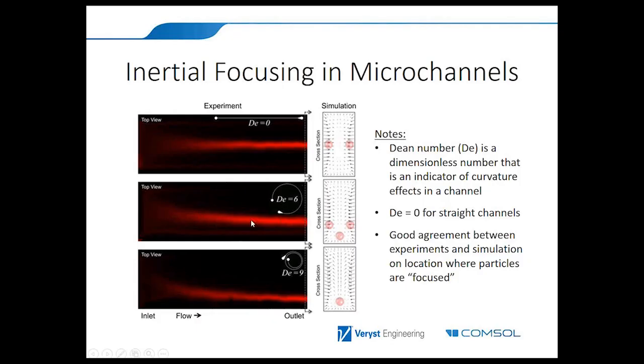You get the focusing actually at two locations, here and here, and you see the simulation predicting exactly the same thing. And at higher curvature, you get that one point only where the particles get focused. So the simulation was in good agreement, and once you have that, you can use it to try way more scenarios than you can with an experiment.